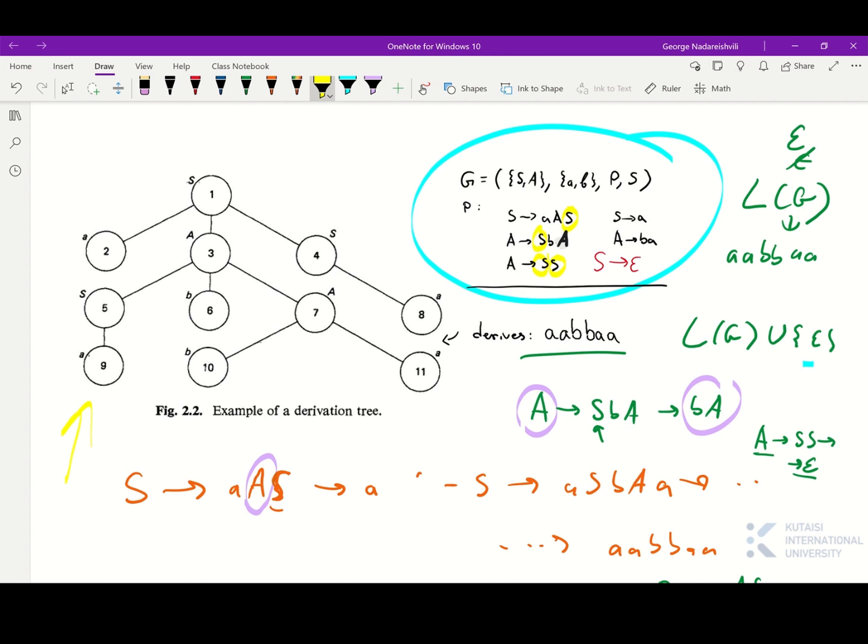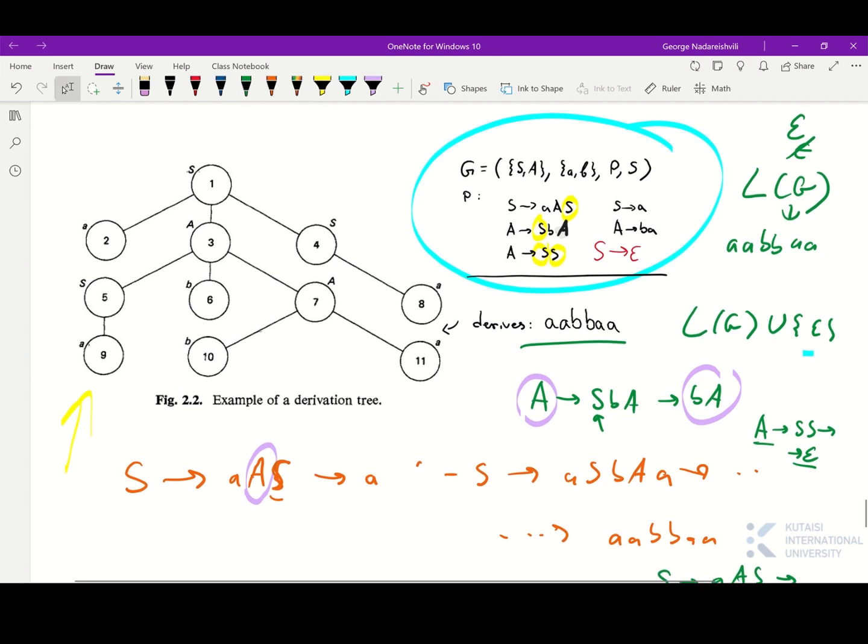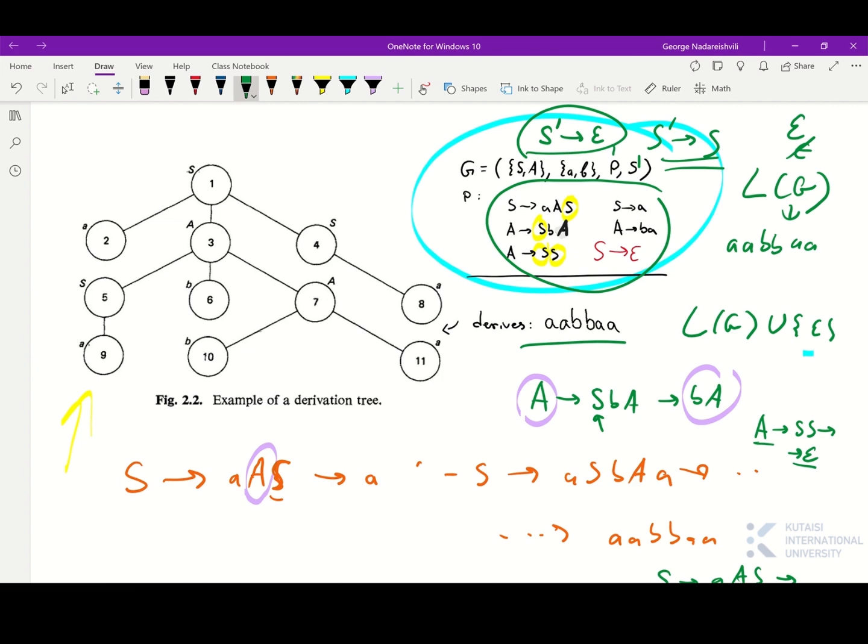So what you will do, as was suggested, is add a new start state, S prime, as your start state, and then add this rule. And what else should you add? Yeah, S prime gives you S, and that's it. So S prime is now your new start state, so this will become S prime. S prime gives you S, so all these rules can be used again because of this. And then you have just one rule here, and nothing is broken because S prime never appears on the right side.